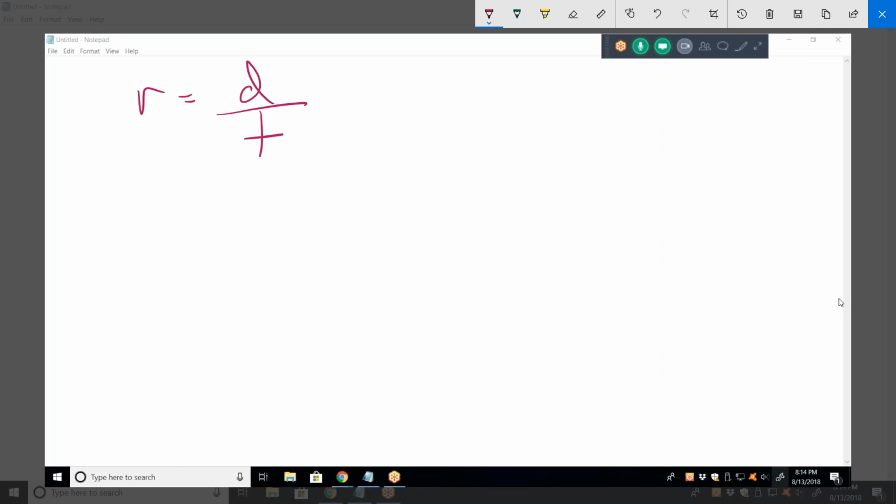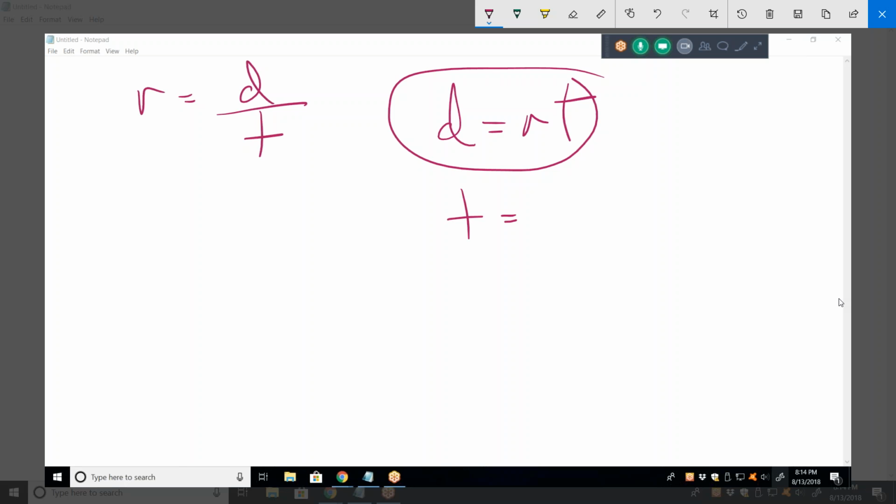You want to remember that D equals R times T. If I manipulate that algebraically, I get R equals D divided by T. I also get T equals D divided by R. So I can come up with 3 different equations.